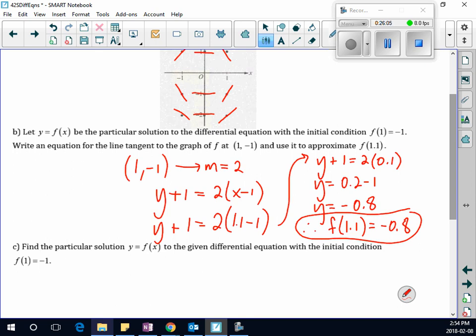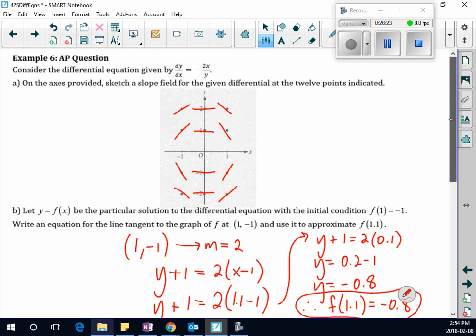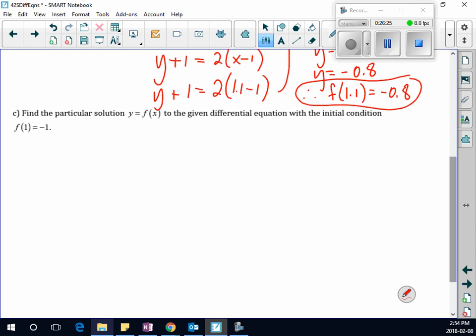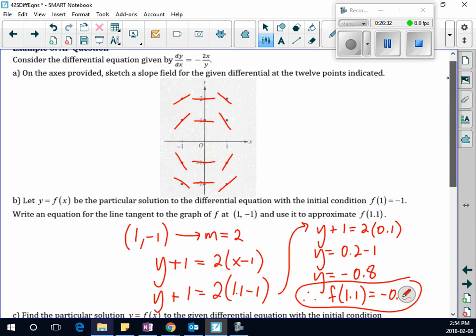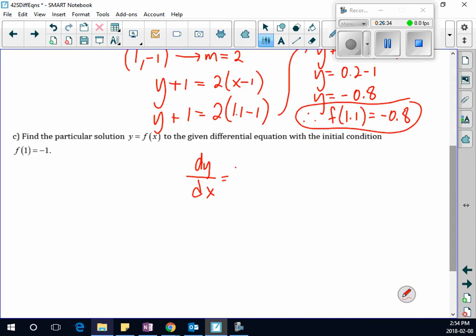Find the particular solution of y equals f of x to the given differential equation with the initial condition f of 1 equals negative 1. Okay, so this is getting crazy now. So we have to start with dy/dx equals negative 2x over y.